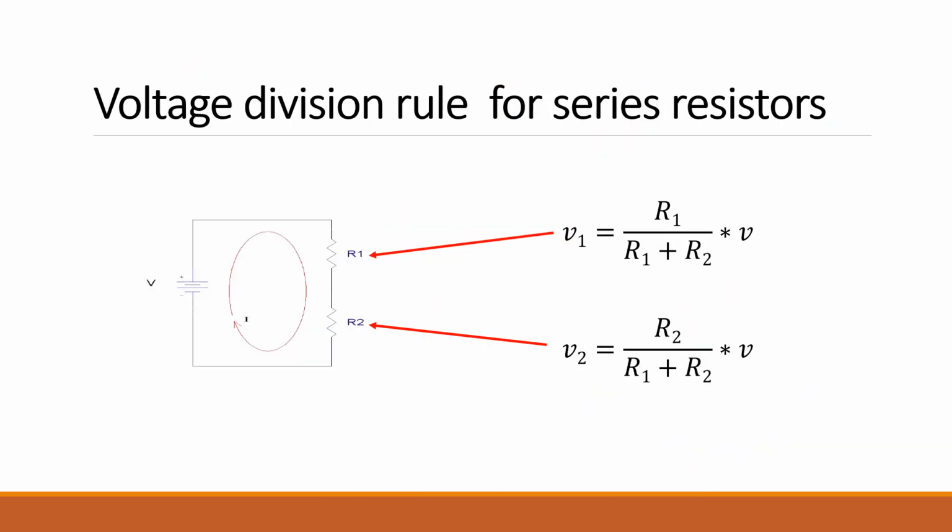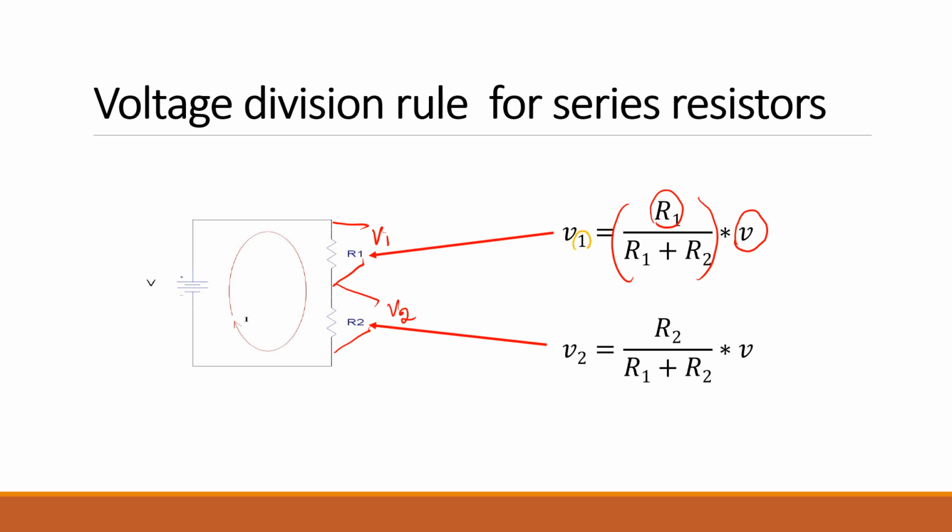Now let's see the voltage division rule. The voltage division rule is applied when the resistors are in series. You can see R1 and R2 are in series. To find the voltage across R1, which is V1, and the voltage across R2, let's take it as V2, V1 will be the total voltage times the same resistance divided by the total resistance. So it is different from the current division rule.